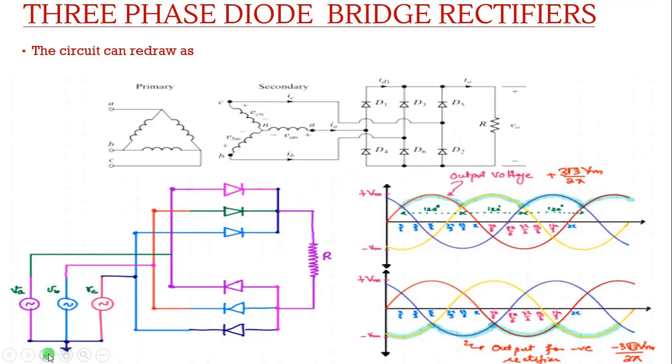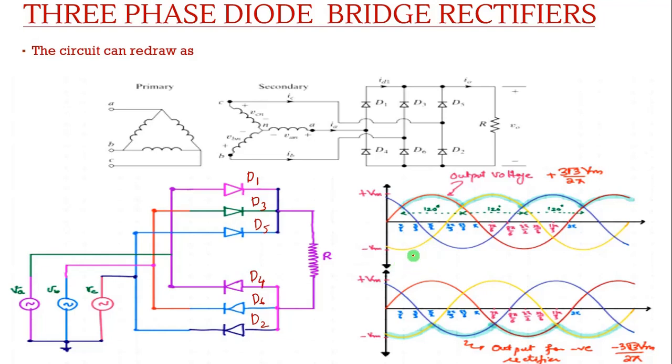You can see that in line A, 2 diodes are connected, D1 and D4. In line B, D3 and D6 are connected, and in line C, D5 and D2 are connected.